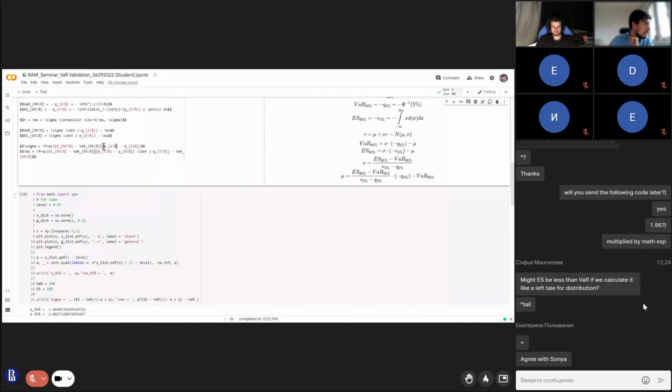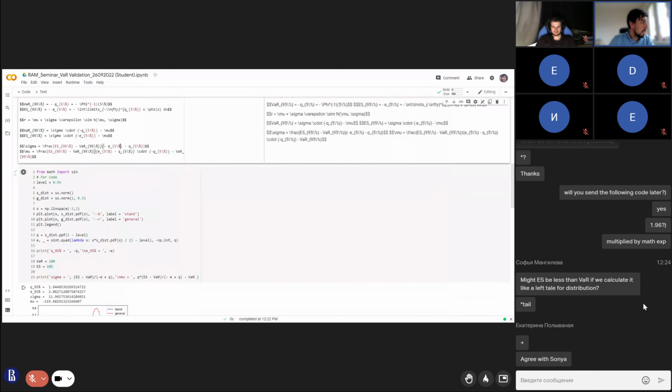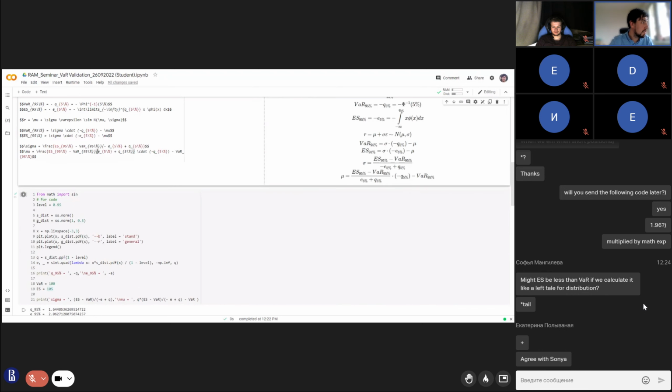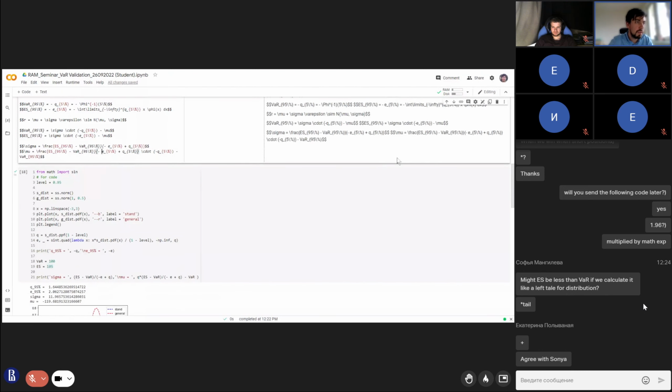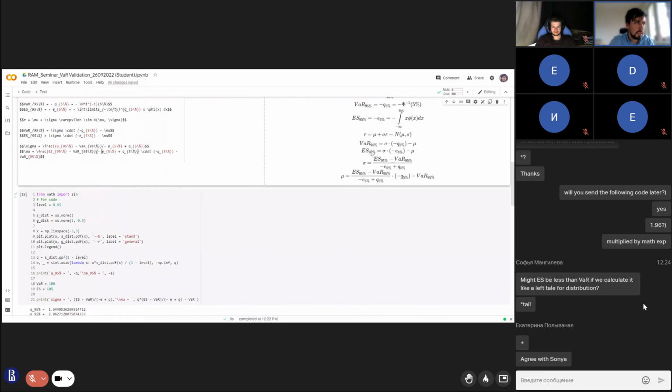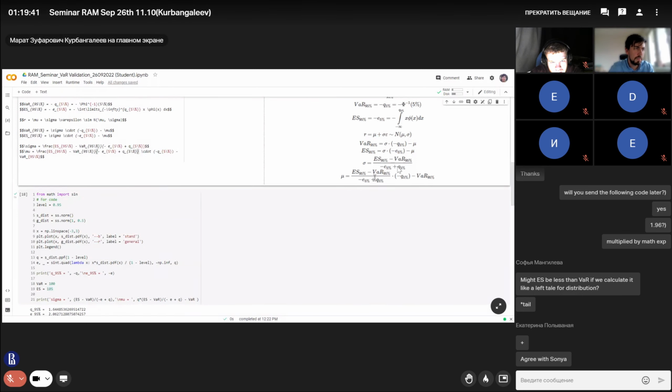Let me rewrite this formula just to make sure that I do everything right. Taking this first equation from the other one, okay, yeah, that's what I got. And then I put sigma back here, and this is the positive one, and I'm subtracting positive now.